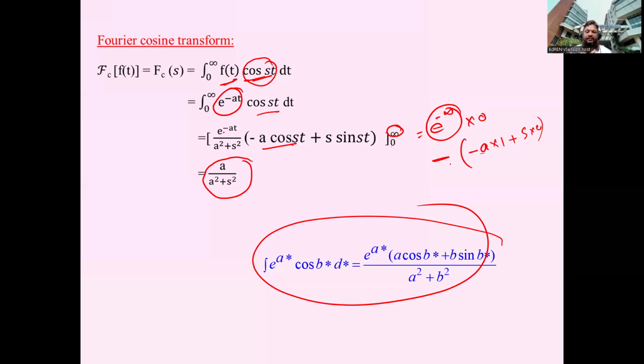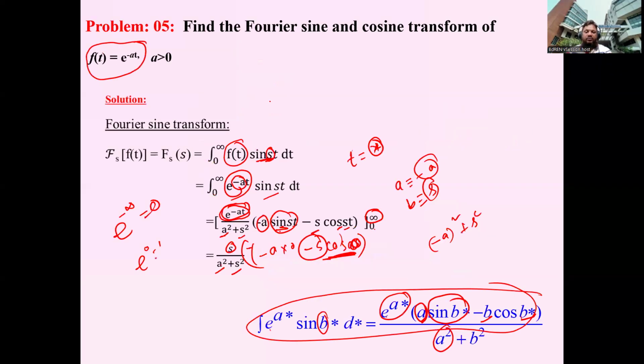So it will give plus a. So a by a square plus s square comes from this one. So a by a square plus s square when we take cos transform, and when we take sine transform, it is s by a square plus s square.